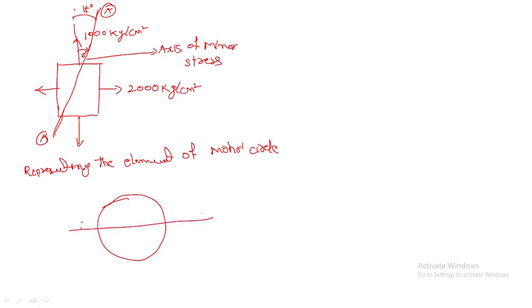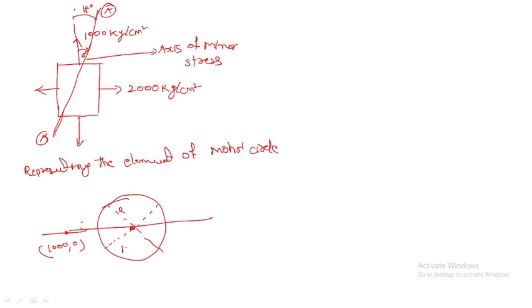If I draw one line here, the values they have already given. I can write here, this is 1000 comma 0, and at the center, I think you can remember easily. Now this is the radius, actually the radius we require.